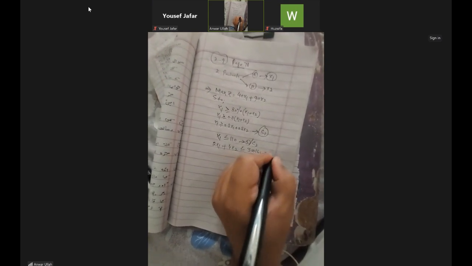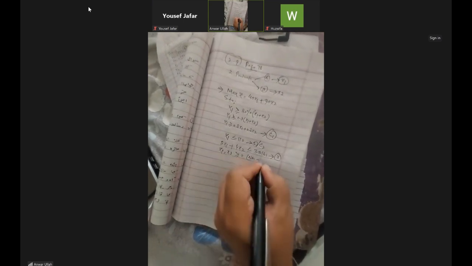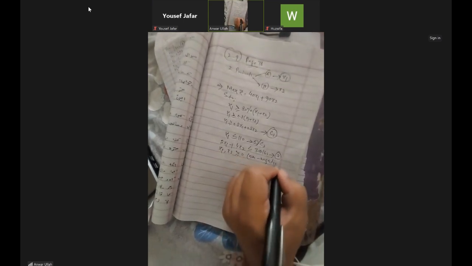So this is the third constraint. The fourth constraint is X1 and X2 must be greater than or equal to 0, which is the non-negativity constraint. So this is how we model the question, and we can easily solve it using the graphical method.